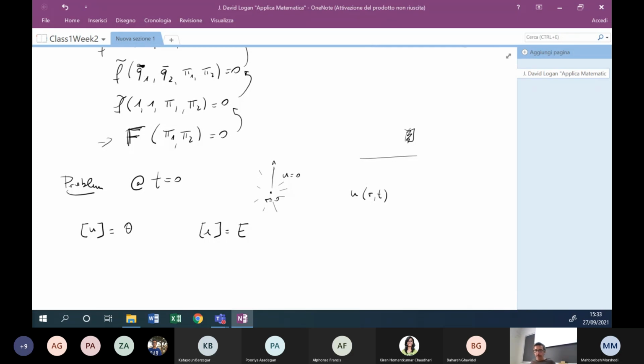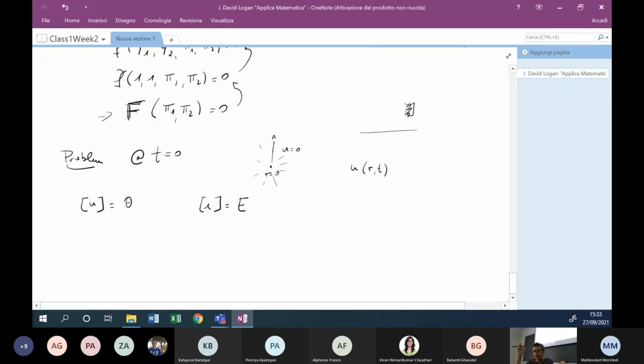Now, let me assume that the quantities that can affect the temperature u are time t, the distance r from the center r equal to 0, the energy, and eventually the heat capacity C, which has the dimension of an energy over volume and over temperature, and the thermal diffusivity K, which has the dimension of L squared times T to the minus 1.